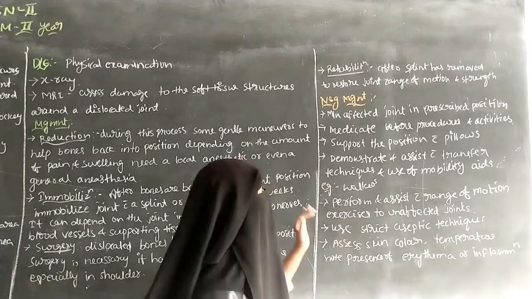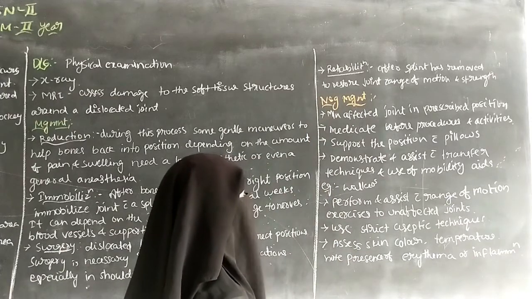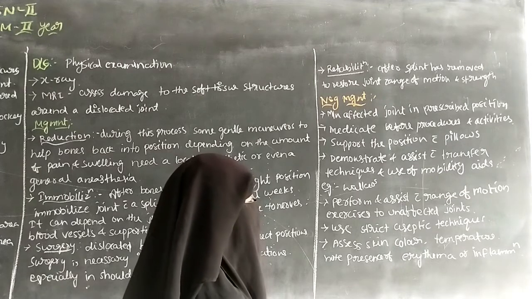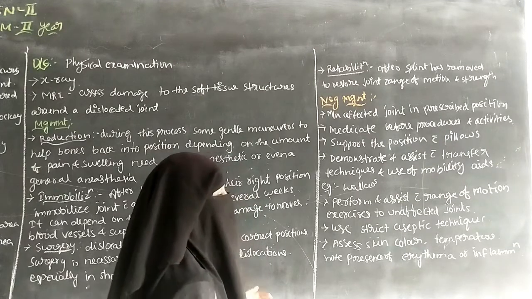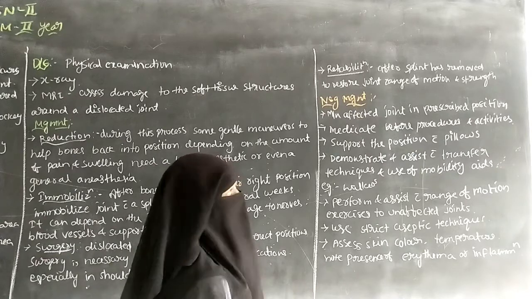So the next one is rehabilitation. Rehabilitation means, after the splint has been removed, restoring the joint range of motion and strength. So rehabilitation means coming back to the normal position.